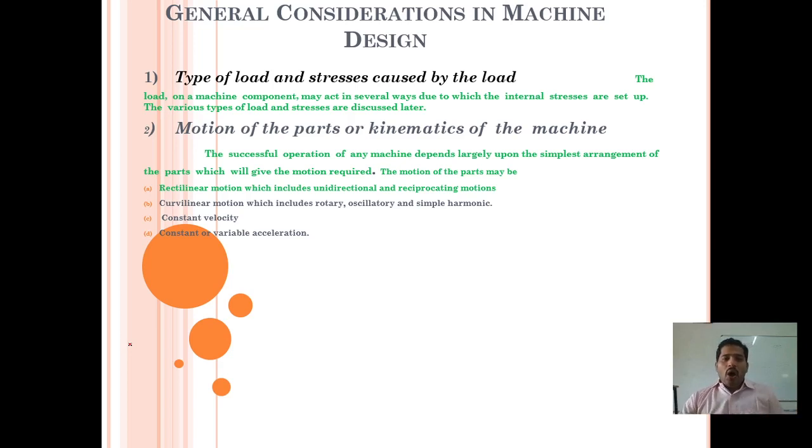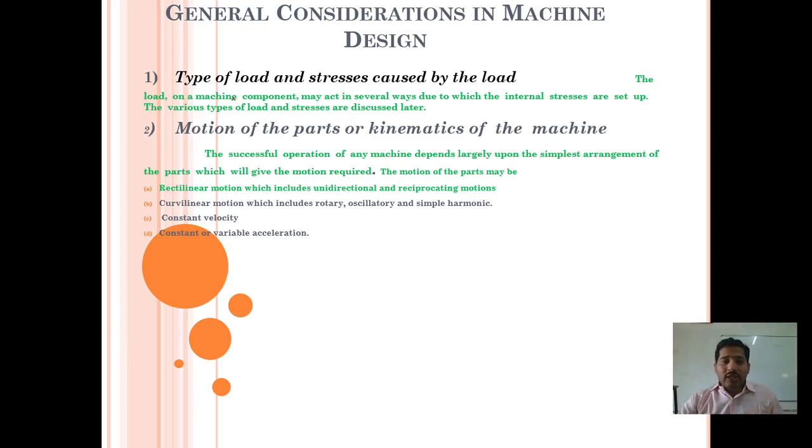The load on a machine component may act in several ways, due to which internal stresses are set up. The load may be a point load, a uniformly distributed load, or a uniformly varying load. And stresses may be tensile stress, compressive stress, or shear stress.